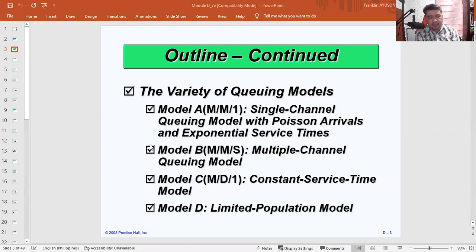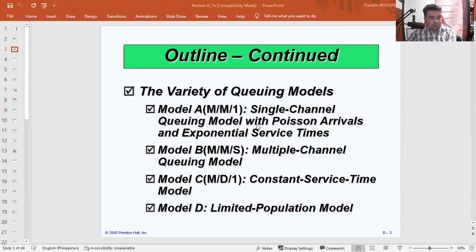Model A, the single channel queuing model with Poisson arrival and exponential service time. Model B, the multiple channel queuing model. Model C, the constant service time model. And Model D, the limited population model.